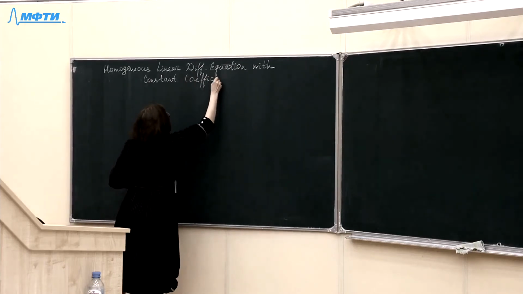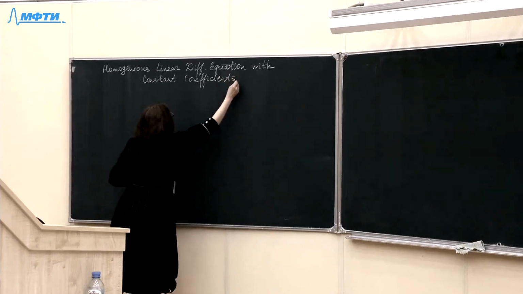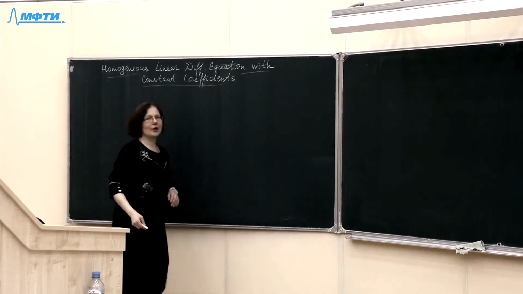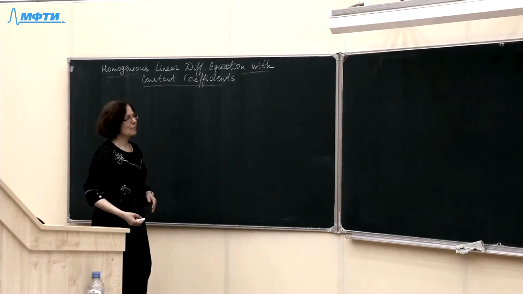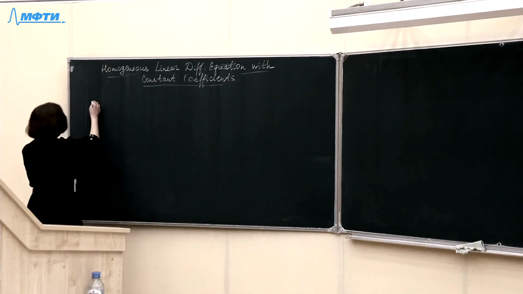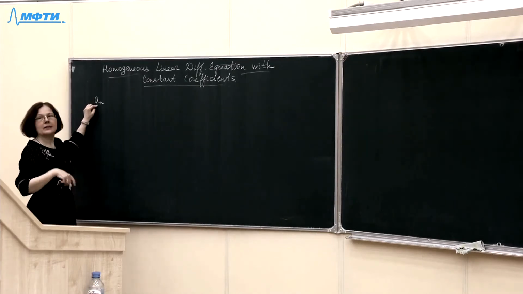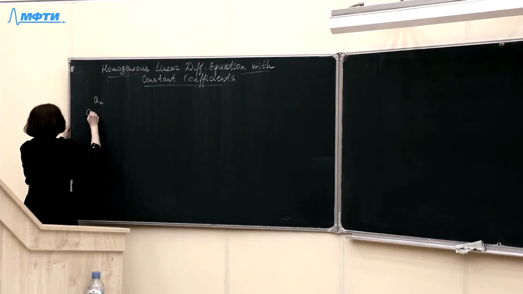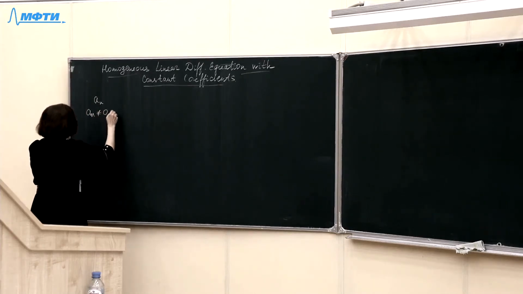So now we return to our differential equations, and we will start with the equations with constant coefficients. This means that we will consider equations of the form where a_n is a constant, a non-zero constant. So a_n is not zero.